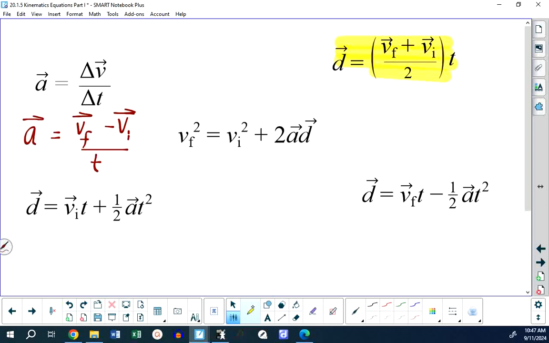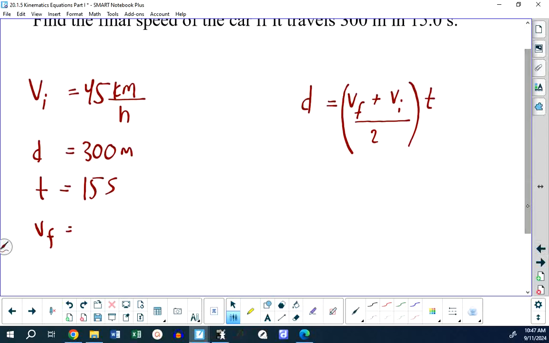And sometimes I see students write down this formula that I've highlighted and they put minus instead. So that's the formula that we're going to use, which really is this.